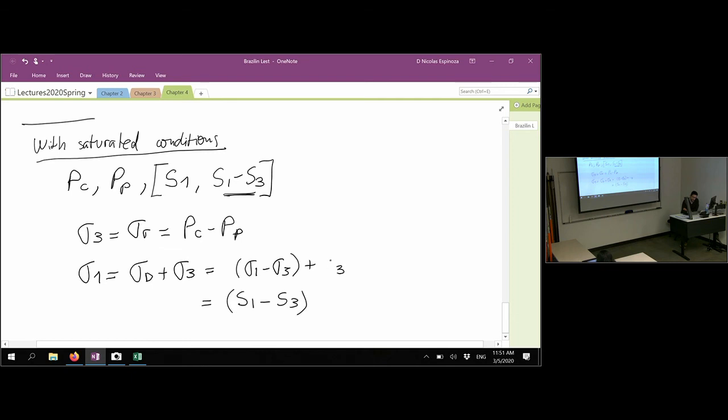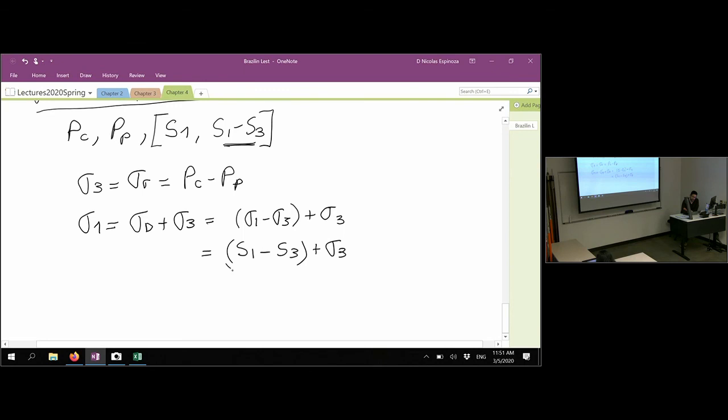Small mistake in here, which is the value that you measure. Notice that S1 minus S3 is equal to sigma 1 minus sigma 3 because both of these have a pore pressure in it. So when you have the pore pressure, you add it and you subtract it, it's the same.